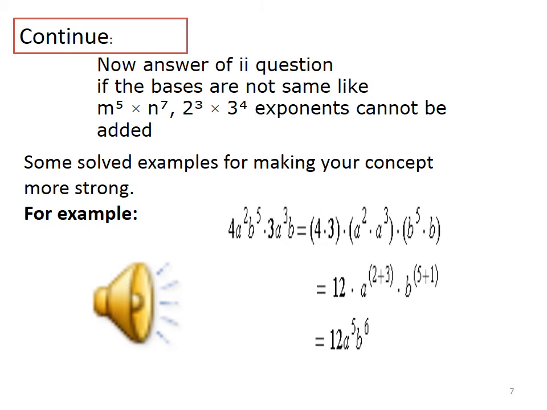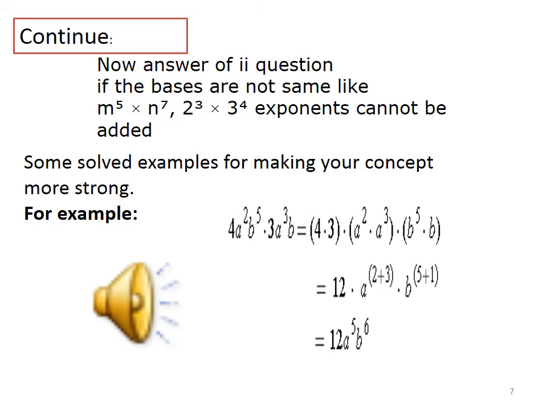Here I want to explain another example, that is 4a squared b to the power 5, dot, meaning multiply in algebra, 3a cubed b. Similarly, now if you want to solve, multiply 4 and 3, because these are the numbers. a squared and a cubed, write it down in a separate bracket, b to the power 5 and b in another bracket. Now multiply 4 and 3, that is 12.